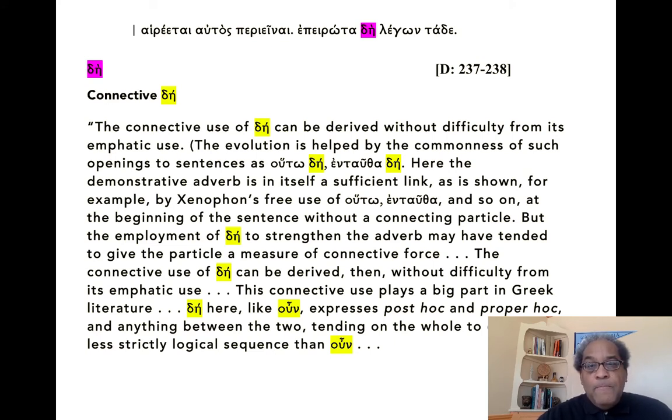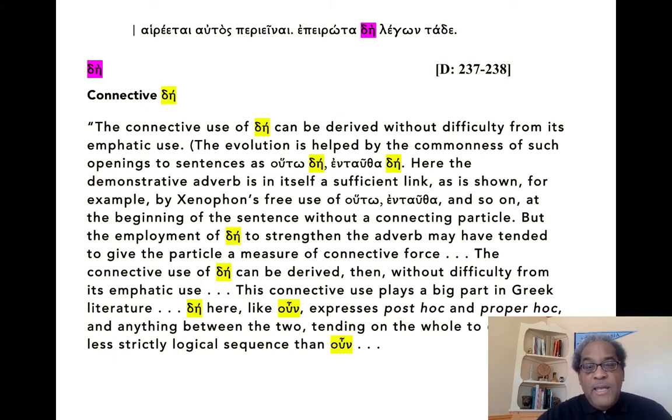The evolution is helped by the commonness of such openings to sentences as houto de, entauta de. Here, the demonstrative adverb is in itself a sufficient link, as shown, for instance, by Xenophon's free use of houto, entauta, and so on, at the beginning of the sentence without a connecting particle.